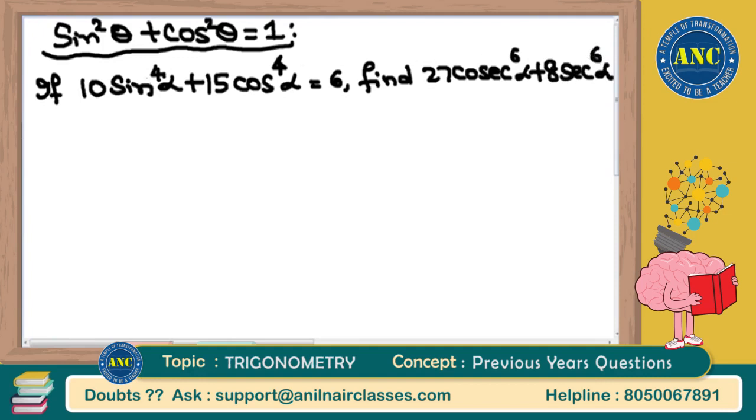Very, very beautiful and important question which we are solving right now. If 10 sin alpha whole power 4 plus 15 cos alpha whole power 4 is equal to 6, find 27 cosecant alpha to the power of 6 plus 8 secant alpha to the power of 6. I hope the idea is clear with this question.